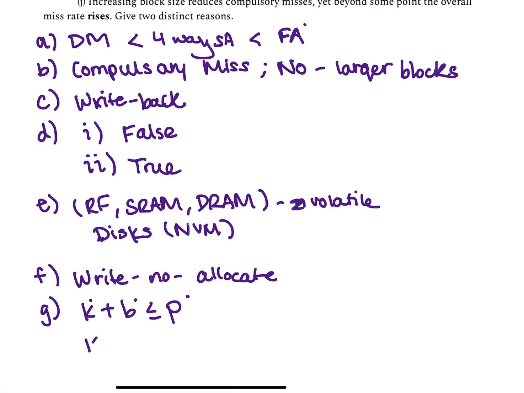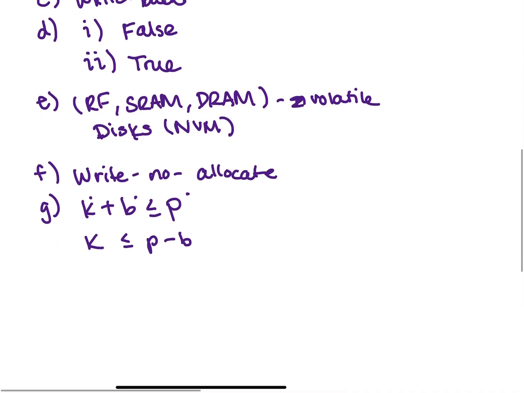So we can solve for K. K is less than or equal to P minus B. So the most index bits you're allowed is P minus B, or less.